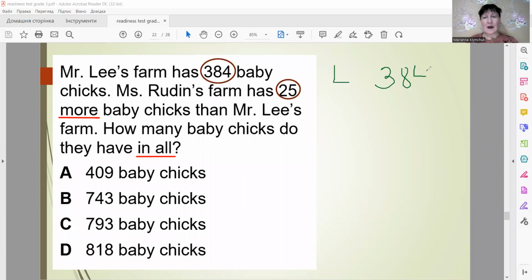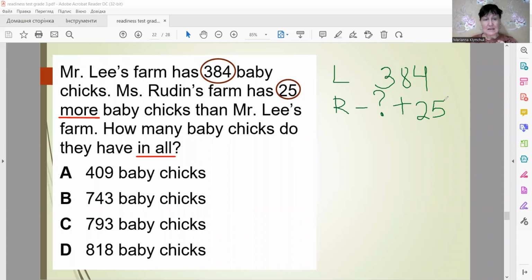Miss Rudin's farm has 25 more baby chicks than Mr. Lee. So, do we know the number of Rudin? No, we don't know how many she has, but we know that she has 25 more. That means plus, because more is plus 25 to Mr. Lee.